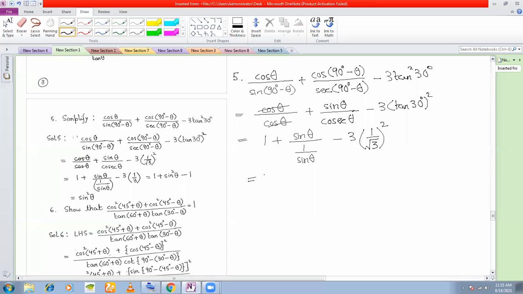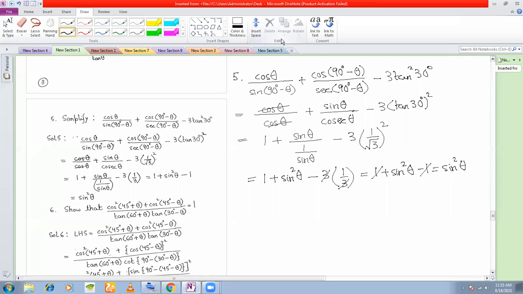So you get 1 plus sine square theta minus 3, and 1 by root 3 whole square is simply 1 by 3. So here 3 and 3 will cancel. So you get 1 plus sine squared theta minus 1. So plus 1 and minus 1 cancel here. So you get sine squared theta. And that is your simplified result.